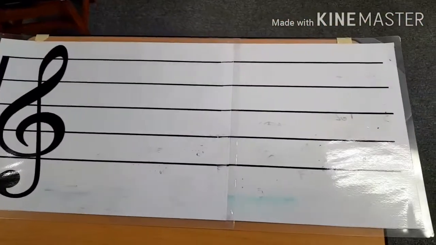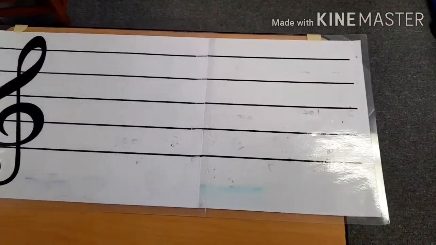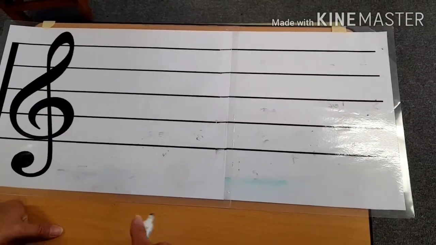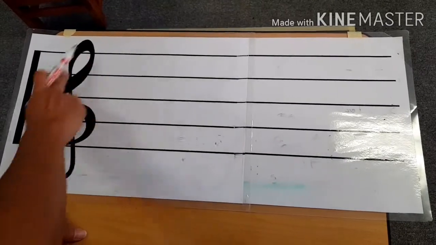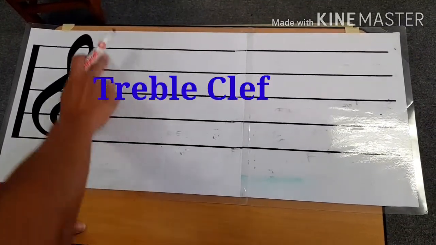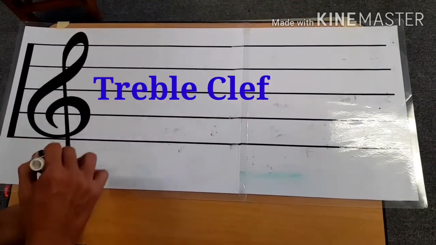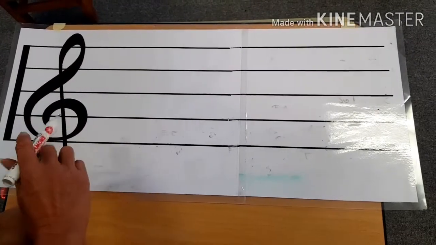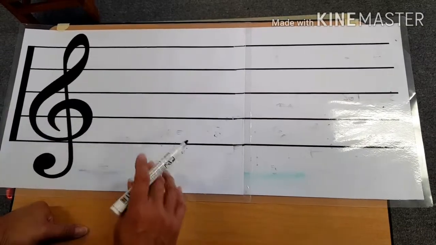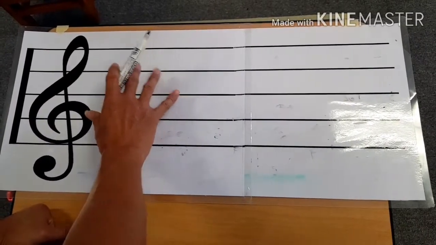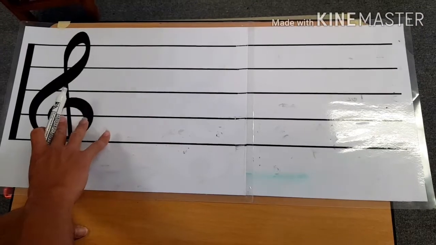So, time signature: in the music paper, you will always see a time signature next to this treble clef. Do you remember this treble clef? Yeah, we did this in year 1. We were drawing treble clef, right? So time signature is always next to this treble clef.